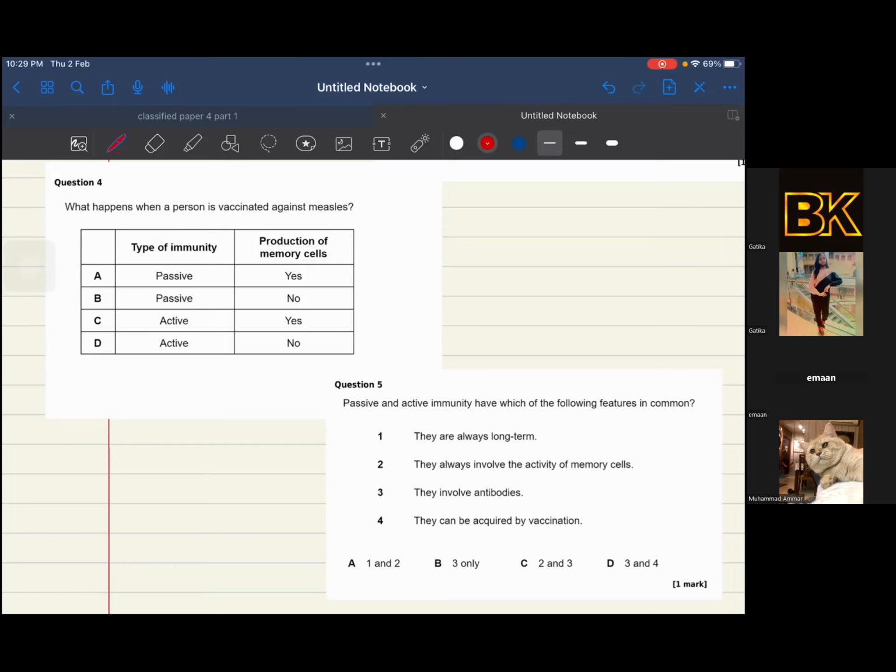Do you want the letters? Yeah, only the letters. That's enough. I just want to see the answer. That's it. Iman, you too. If you're done, just send me the picture in the group. That's good, and then we can discuss.